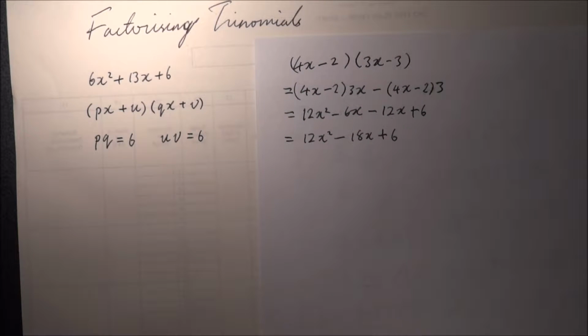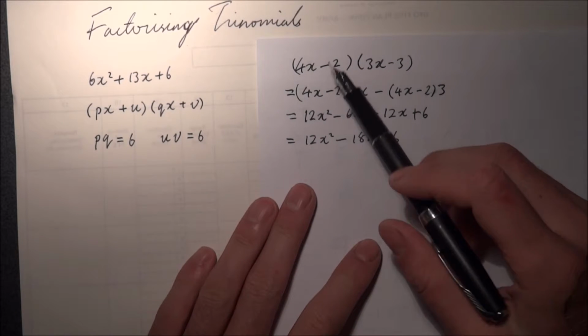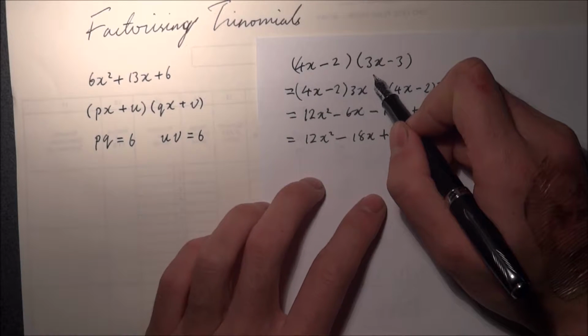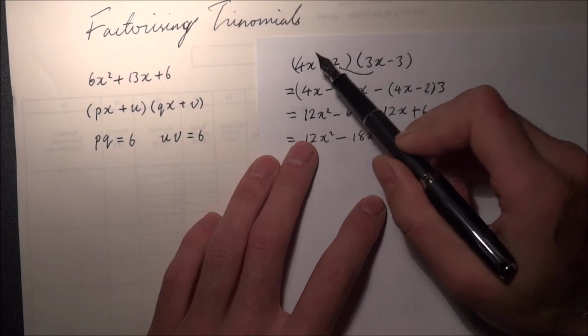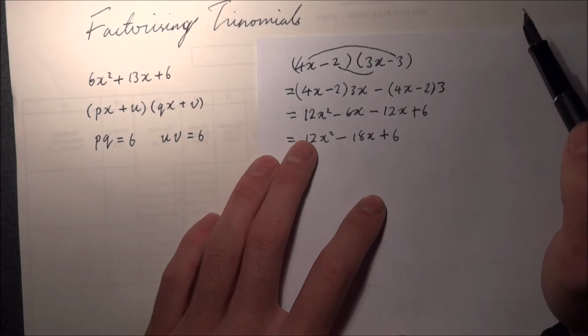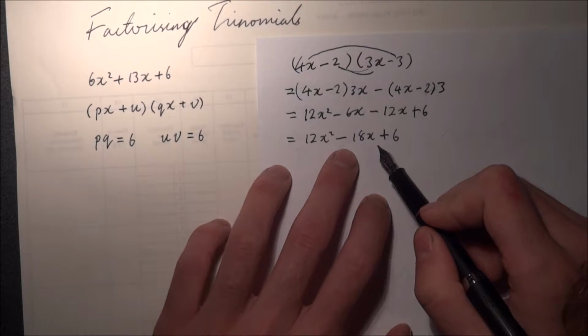And finally, if you recall here, the second x term times the first constant term plus the first x term times the second constant term, these two plus these two, has to equal the middle term.